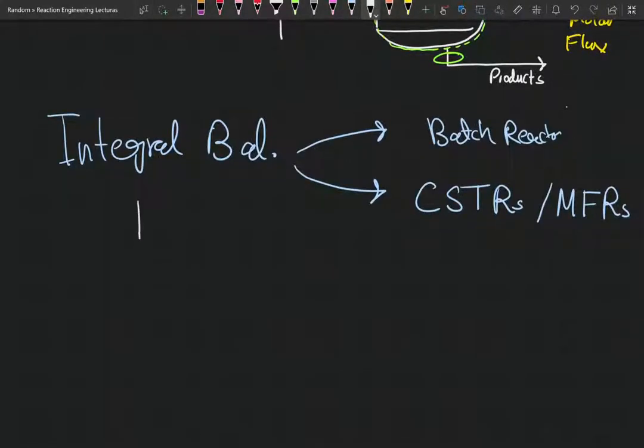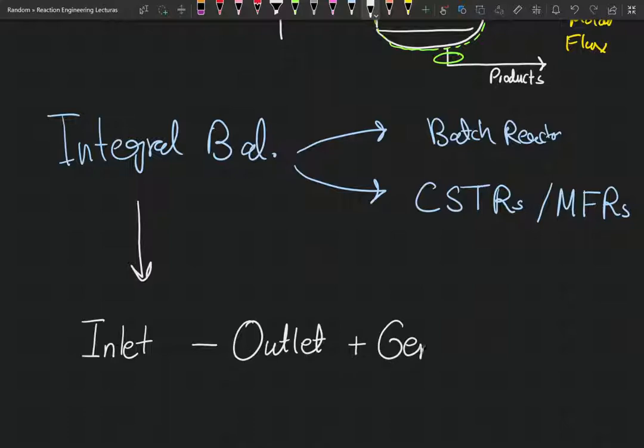All right, let's start off. Integral balance, let's go. You need some form of inlet. Okay, you need some form of outlet. And if I want to stick to the convention used by Fogler in his book, I'm gonna write generation. Fogler doesn't write generation / consumption, he just writes generation.